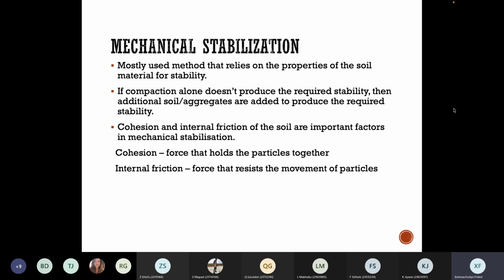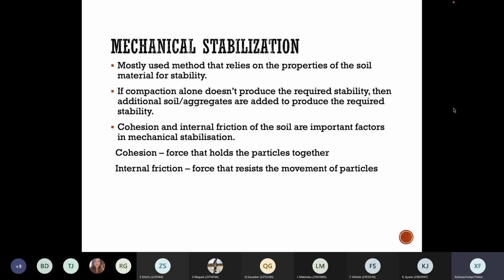You go to site, you do tests, you find out that the soil is not stable, is not suitable, and it cannot be used. Before you even go to stabilizing with cement or whatever it is that you might want, the first thing you need to find out is, if I look into the properties, is there no way I can maybe alter or introduce other aggregates?